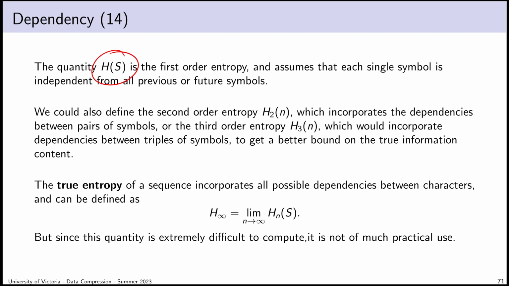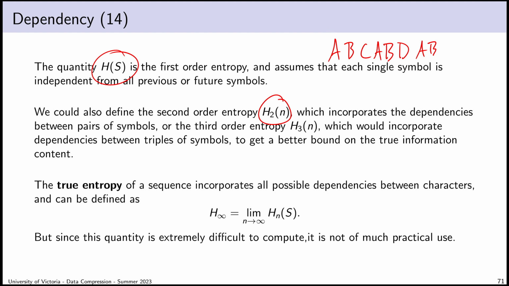I could define higher order entropies that account for dependencies. So I could define second order entropy, which accounts for patterns between pairs of symbols. So if I notice, for example, in my sequence of symbols that I often see A, B together. Well, first order entropy only considers the probability of a single symbol occurring, without a reliance on its context.